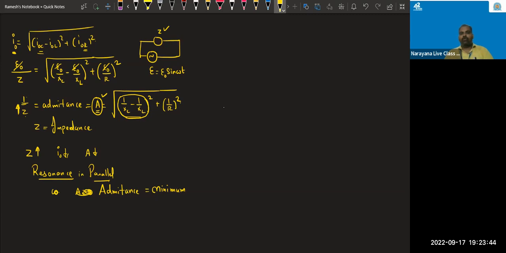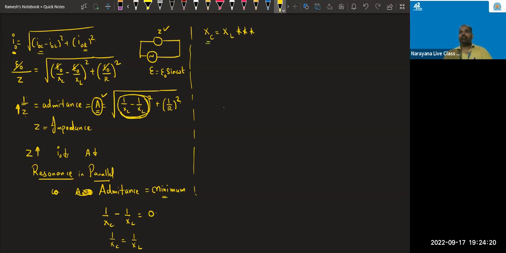To accomplish parallel resonance, 1 by XC minus 1 by XL must be compulsory 0. Means 1 by XC is equal to 1 by XL. Here also we obtain the same condition. When the reactance of the capacitor and the reactance of the inductor are the same, then resonance takes place.